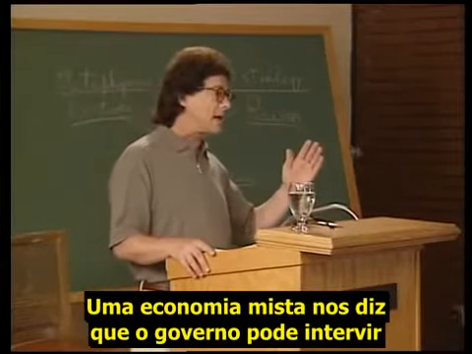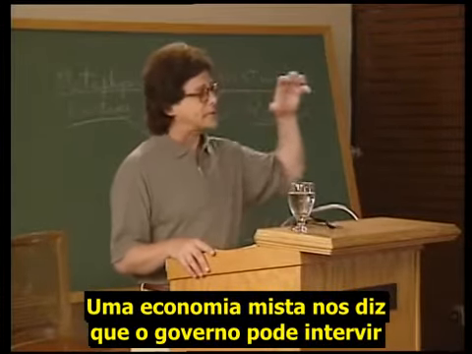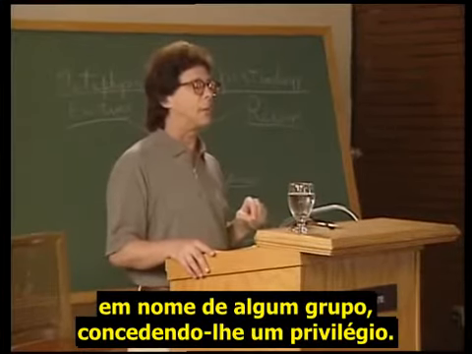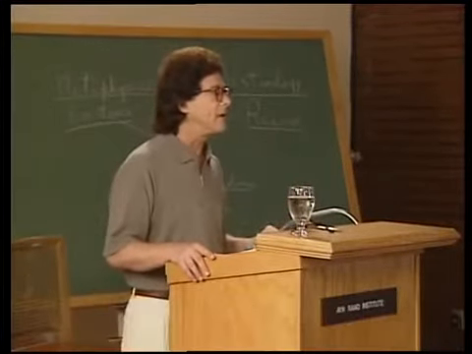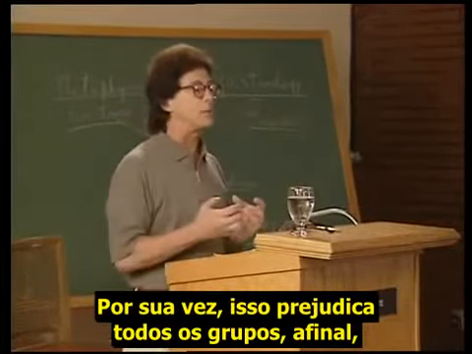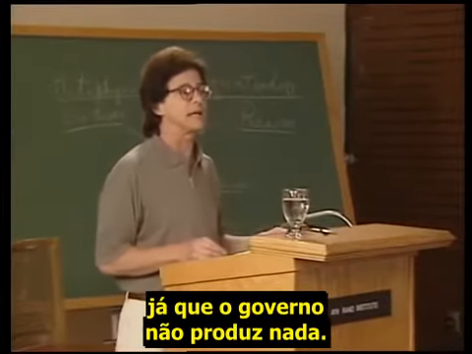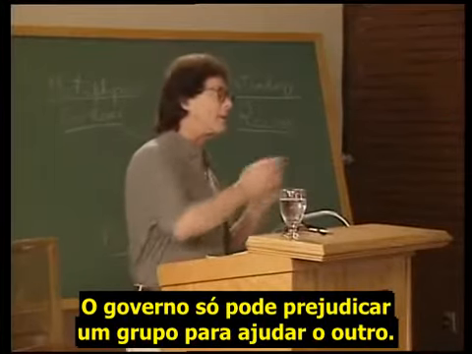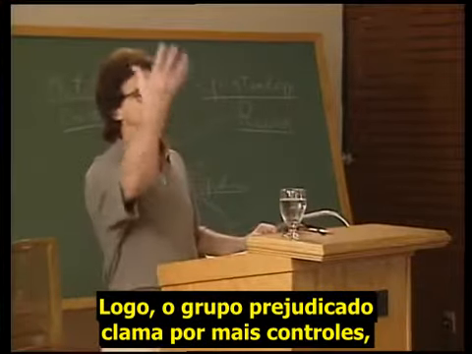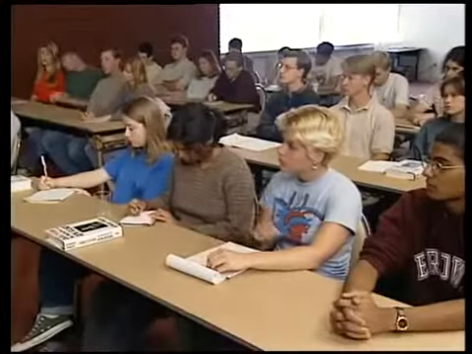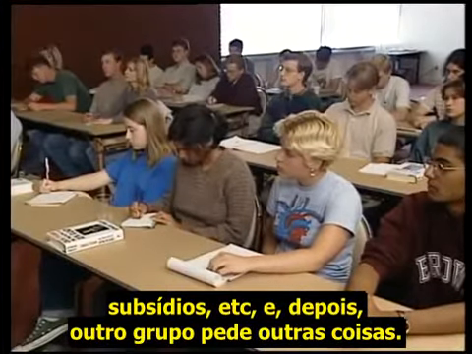The mixed economy tells you the government can step in on behalf of some group and give them a favor, of course, which makes all the other groups hurt because that favor had to come from them, since the government produces nothing. It can just hurt one group in order to help another. So that group clamors for some more controls, handouts, or whatever, and then another group does.